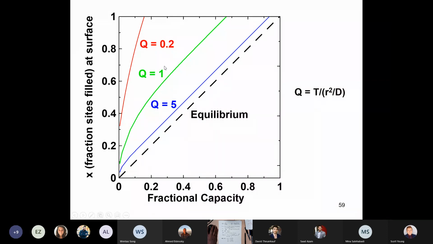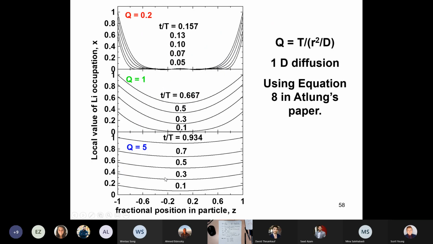You know, and if you're running at Q equals 1, the surface is at 0.6, the average is around 0.23, and you can see the huge range that you have, right? It goes all the way from about 0.15 up to 0.6.